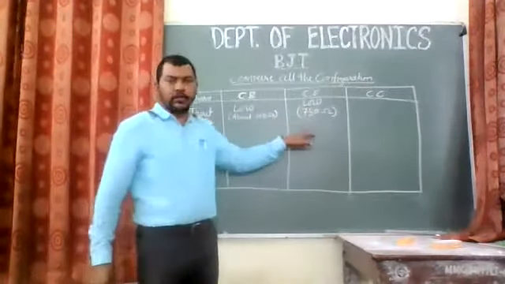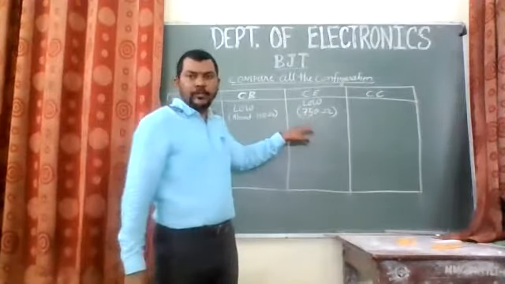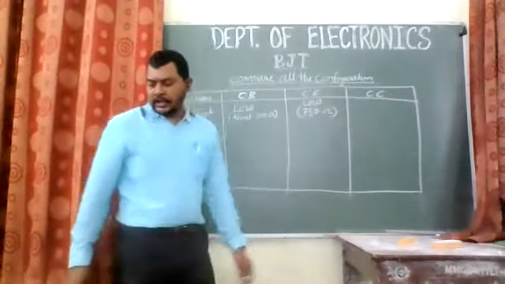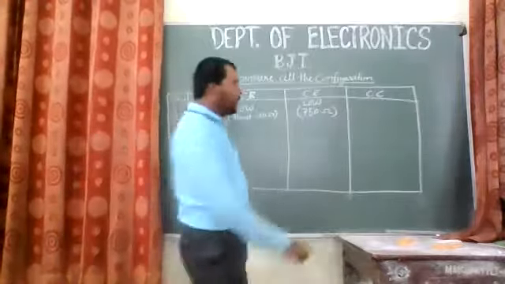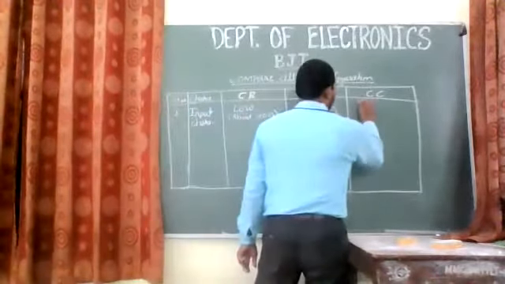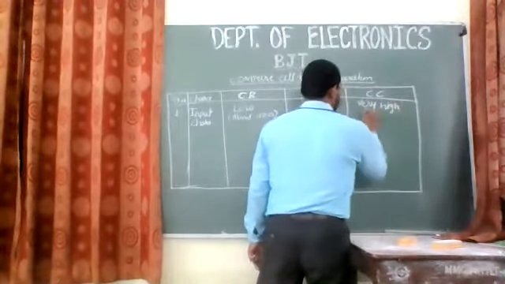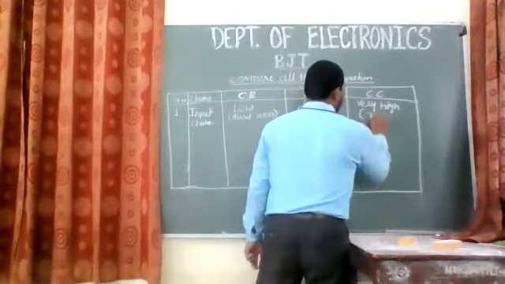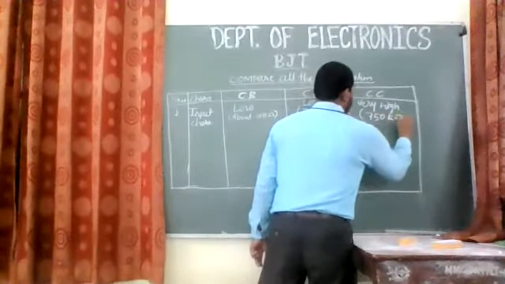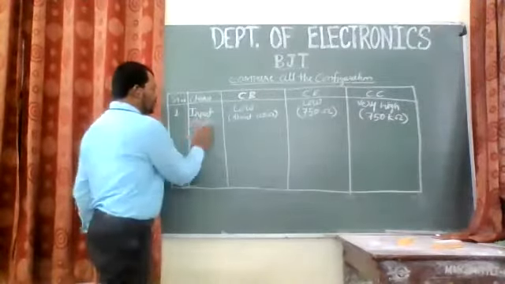It is around 750 ohms. This is about 100 ohms, very low. This is 750 ohms. And in CC, common collector, it is very high, around 750 kilo ohms. So remember this. This is very high. Okay, so this is the first, input resistance.